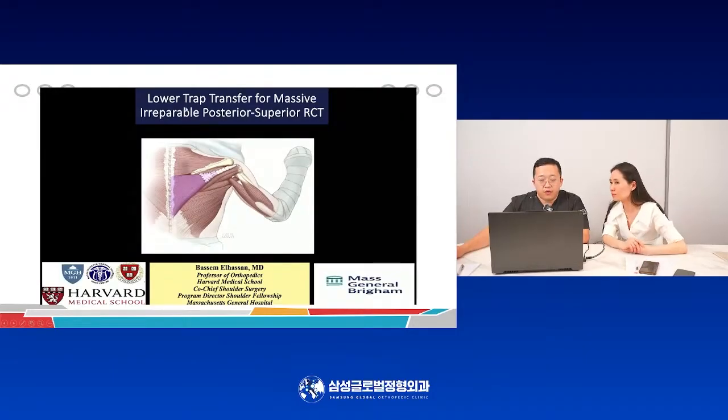So we call that the lower trapezius transfer for massive irreparable posterosuperior rotator cuff tendon tear.